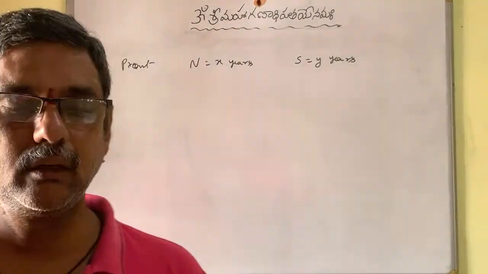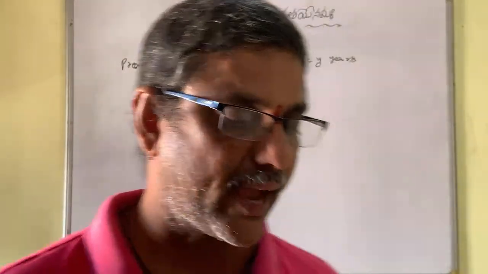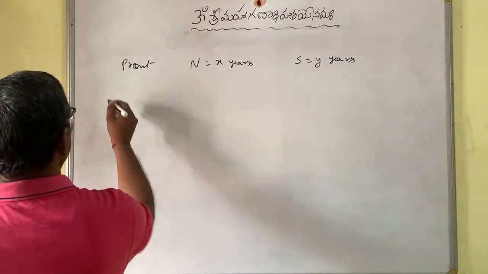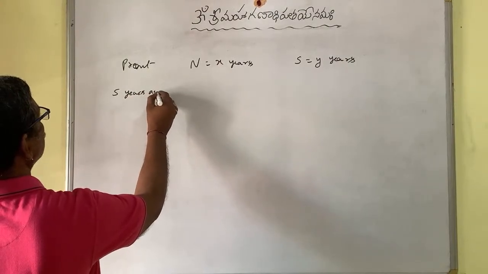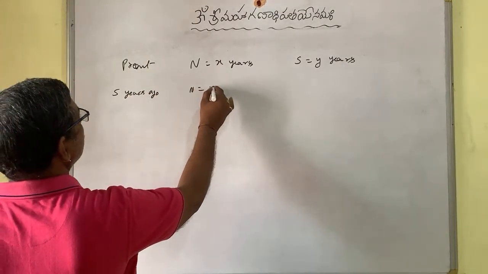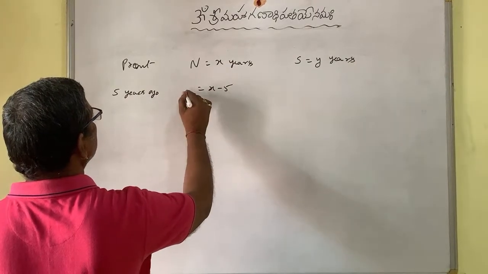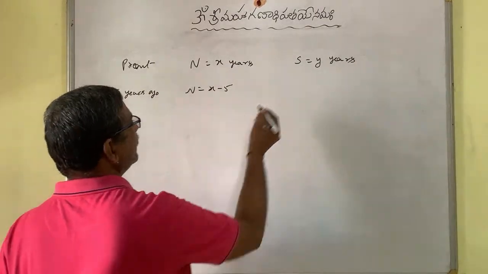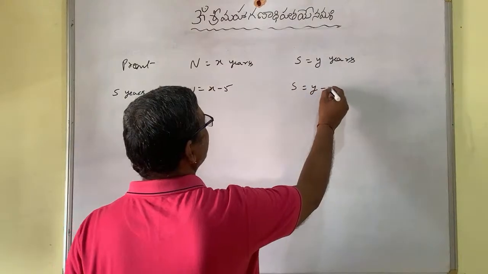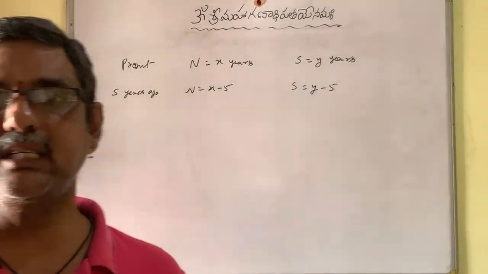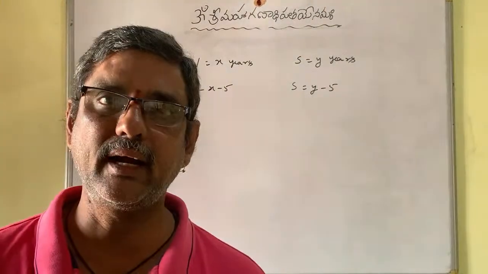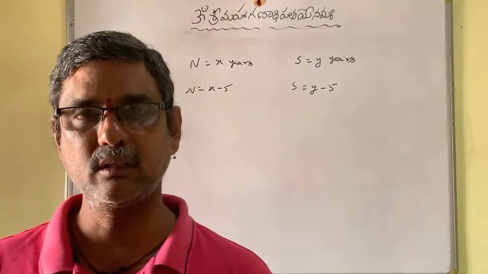Now what was the first condition given? 5 years ago. 5 years ago, Noori will be X minus 5 and Sonu Y minus 5. At present, Noori is X years old and Sonu is Y years old.